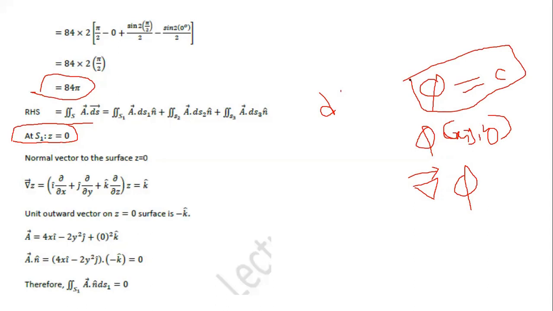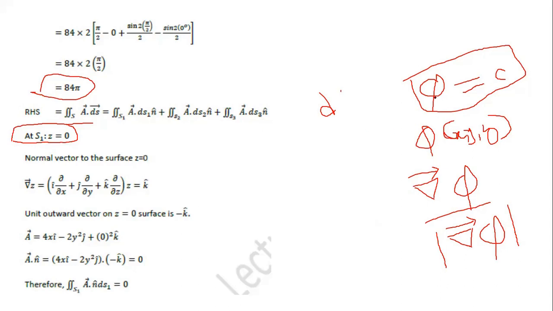If you want to find the unit vector normal to the surface, you can divide this grad phi by its magnitude. If you divide a vector by its magnitude, you get the unit vector along that particular vector.